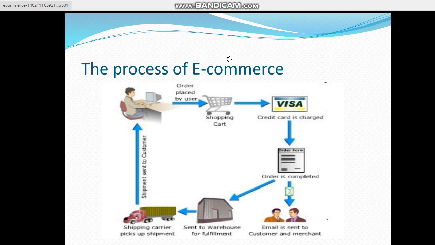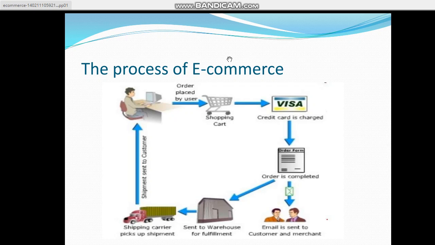And the process of e-commerce. First of all, we place an order on Amazon, Alibaba or any other platform in the shopping cart. Then we use a credit card, and the credit card is charged. The order is completed.